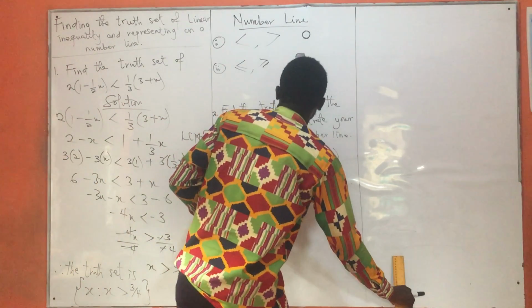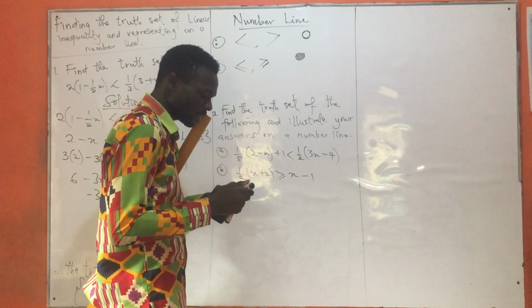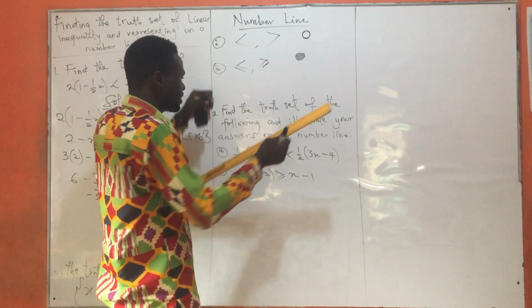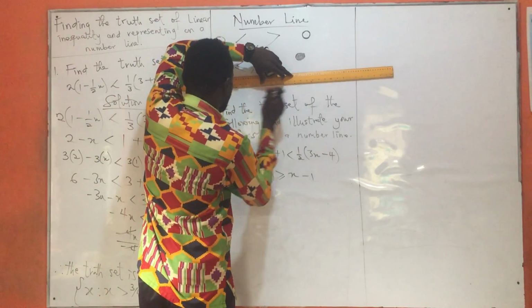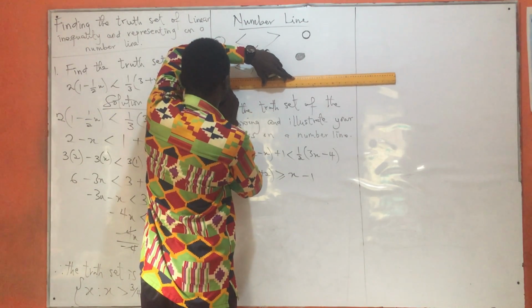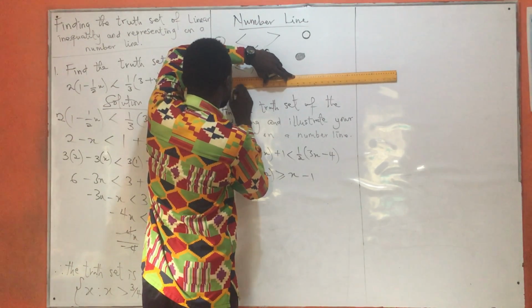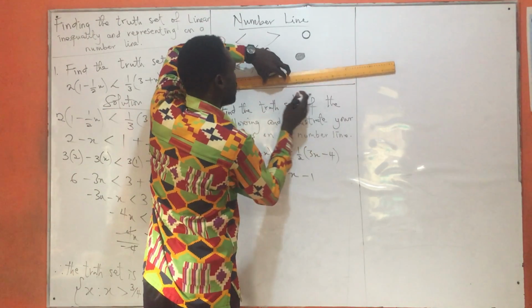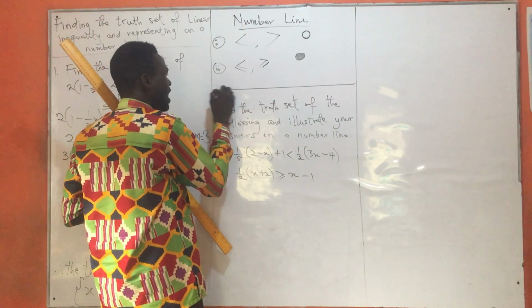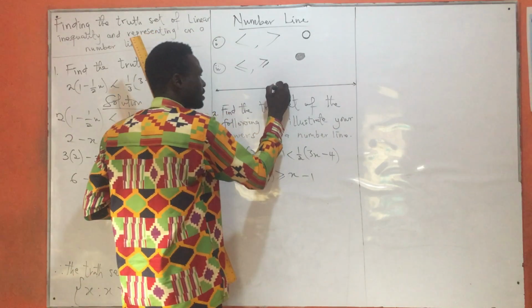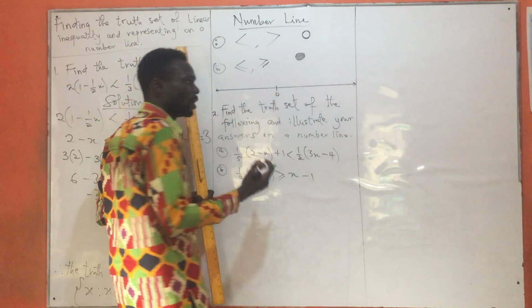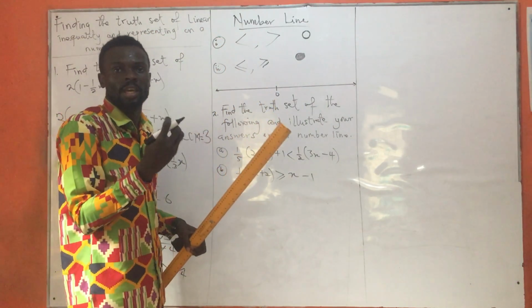So let's take this number line, for example. On every number line, there is an origin, or O, okay? Good.